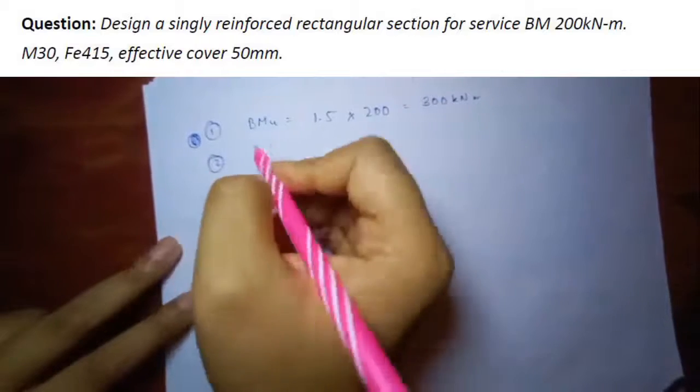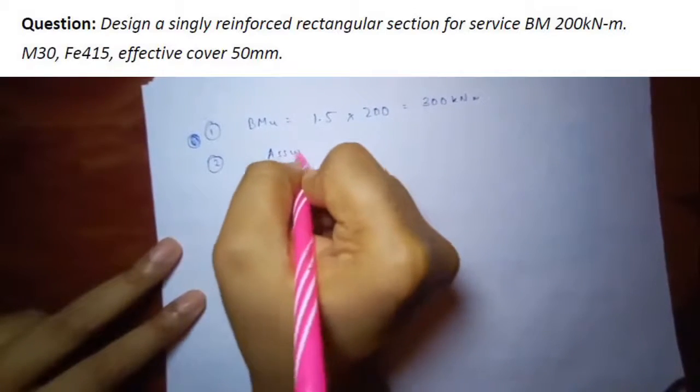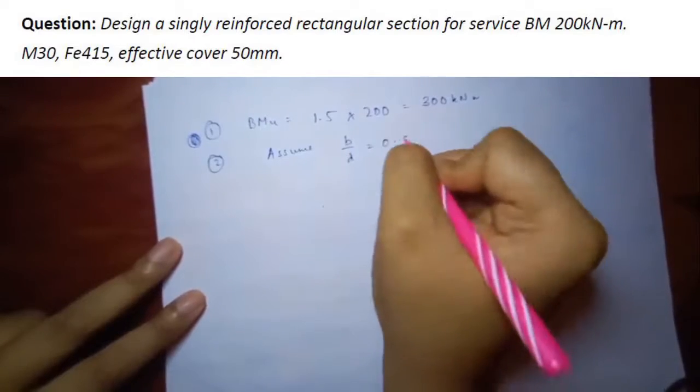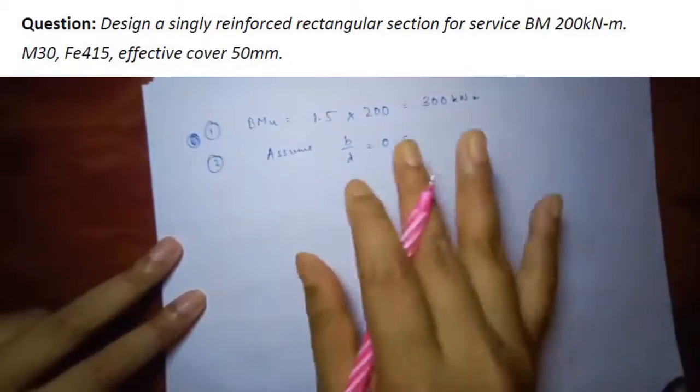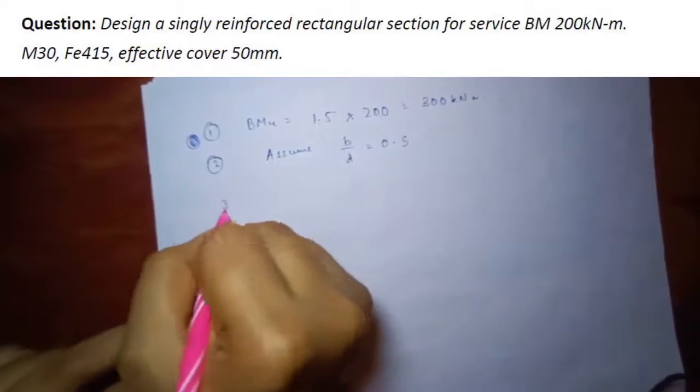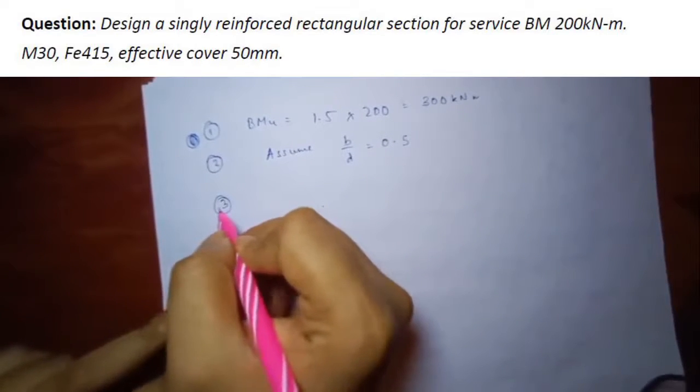Second step, we will assume some B by D, and I will take it 0.5. It should be within 0.3 to 0.7. I will take 0.5. Next, in the third step, what will I do?